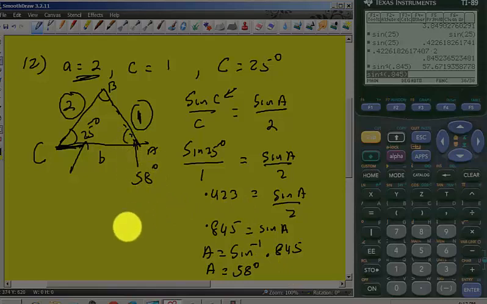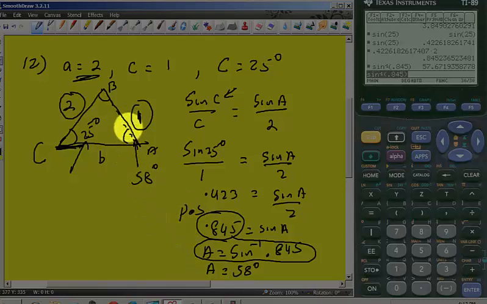Remember, sine inverse only gives angles in the first and the fourth quadrant, and since this is positive, this is giving us an angle in the first quadrant. You could have an angle in the second quadrant where sine is also positive, so we have to account for that. We'll do that in a second. This is why it's called an ambiguous case.